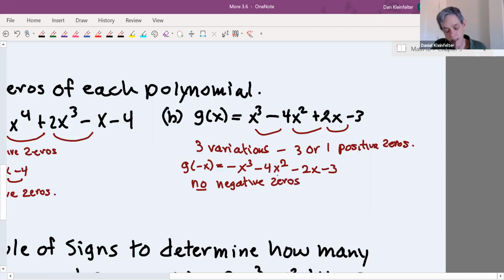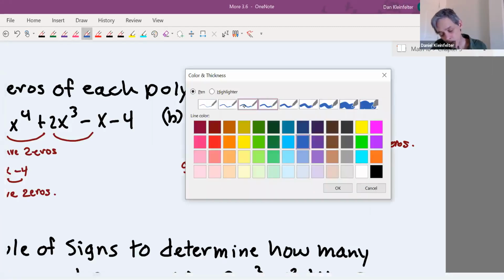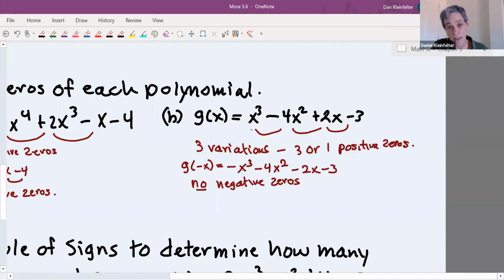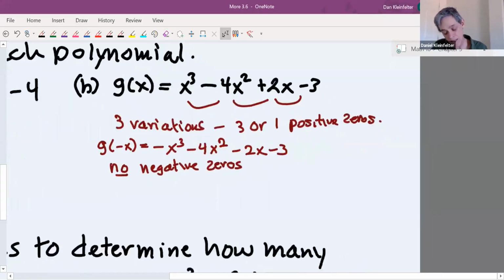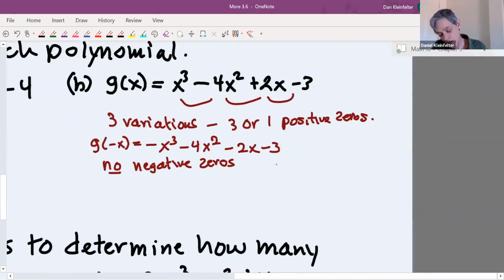So here we can think about what's possible. The degree on this is 3, so there has to be 3 zeros altogether. We could say how many positive, how many negative, and how many complex. We haven't seen examples with complex zeros yet, but we will soon.